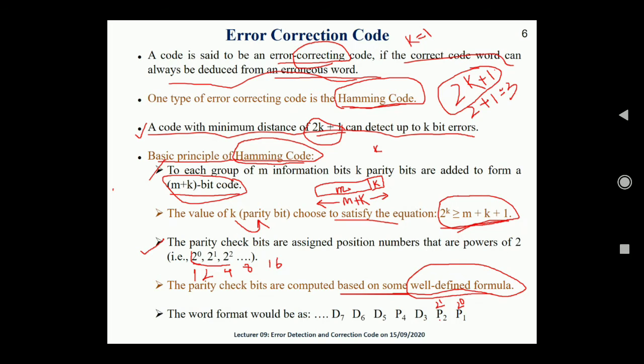P1, P2 mean parity bits. Now 2 to the power 3 means 8, so we cannot put it here; we put it at the position for P4. So P4, P2, P1 are all parity bits, and D3, D5, D6, D7 are all called data bits, message bits or information bits.